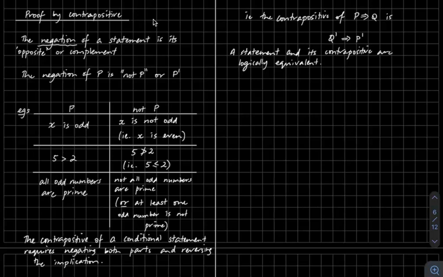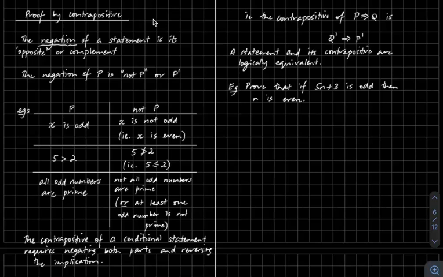So let's do an example here of why we might use the contrapositive. Basically it comes down to the fact that it might be easier to prove the contrapositive than the original statement. So for example, let's prove that if 5n plus 3 is odd, then n is even.